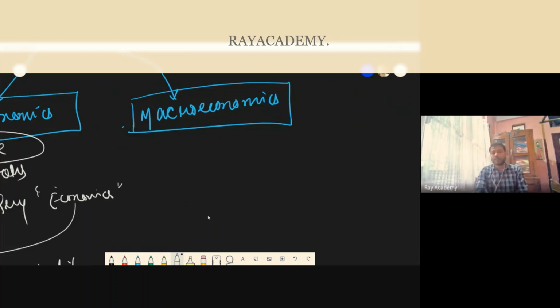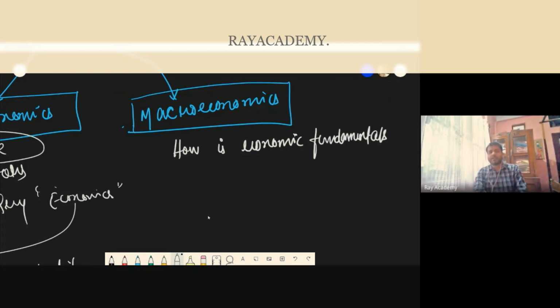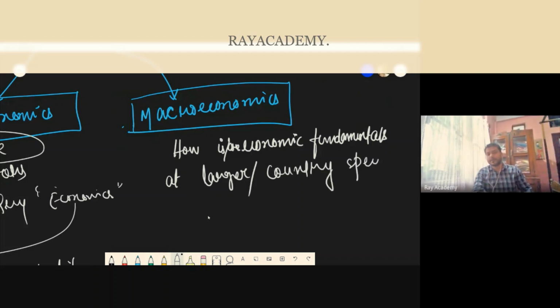Here you study how economic fundamentals are at a larger level, maybe country specific.